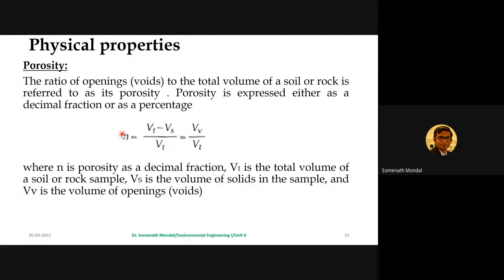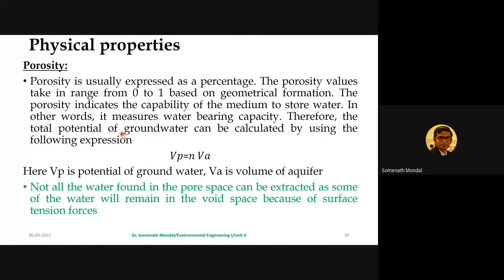While defining them, we also discussed the variation in their porosity characteristics. Right? The porosity values are taken in the range of 0 to 1 based on the geometrical formation, and it indicates the capability of the medium to store water. And that's the most important part. In other words, it measures water bearing capacity.